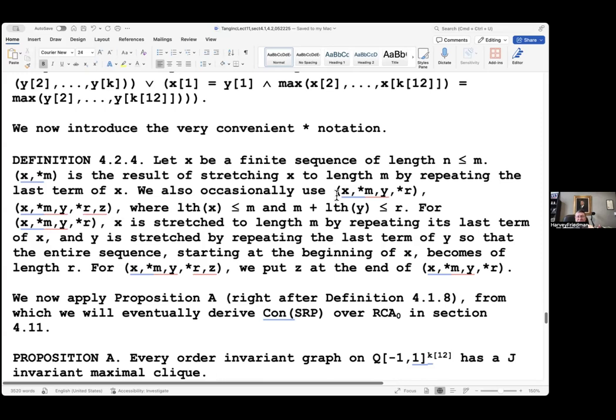And then we occasionally use something a little more complicated, X star M, Y star R. This means you stretch X to become length M, then you start all over again with Y and stretch that so it's length R, and then even more generally: stretch X to become length M, stretch Y to become length R, and then just stick Z at the end.